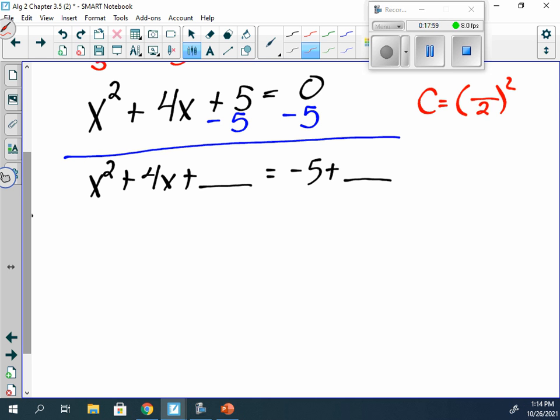Now the value of c is equal to b over 2 squared. And what is our value of b? Because this is referring back to ax squared plus bx plus c. B is always going to be in front of the term with x. And we need to make sure all the x's to the first power are on the same side, all the x squareds are on the same side.